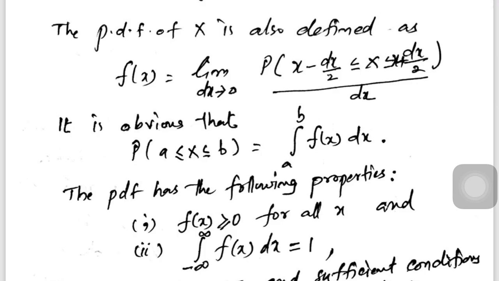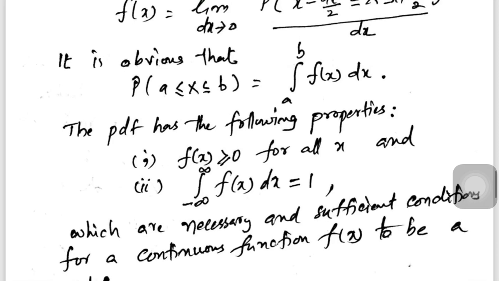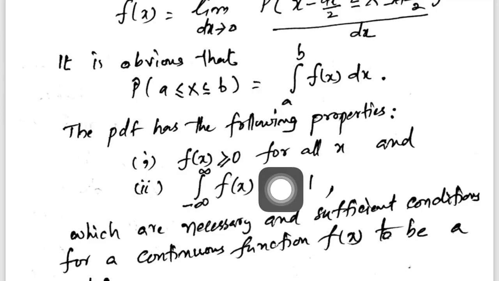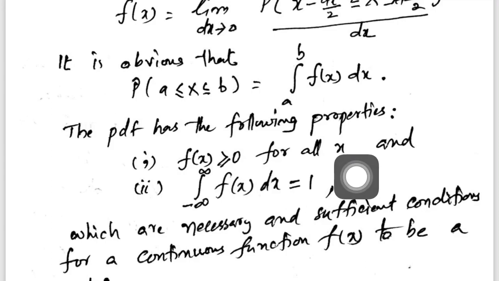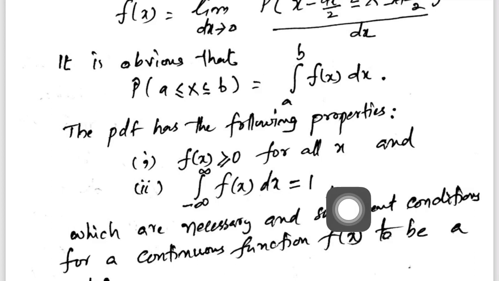Okay. And further, the probability density function f of x has two conditions. The first condition is that f of x is greater than or equal to 0 for all x. That is, the density function is always non-negative for any real number x. And similarly, the integral over the entire real line of f of x dx is equal to 1.